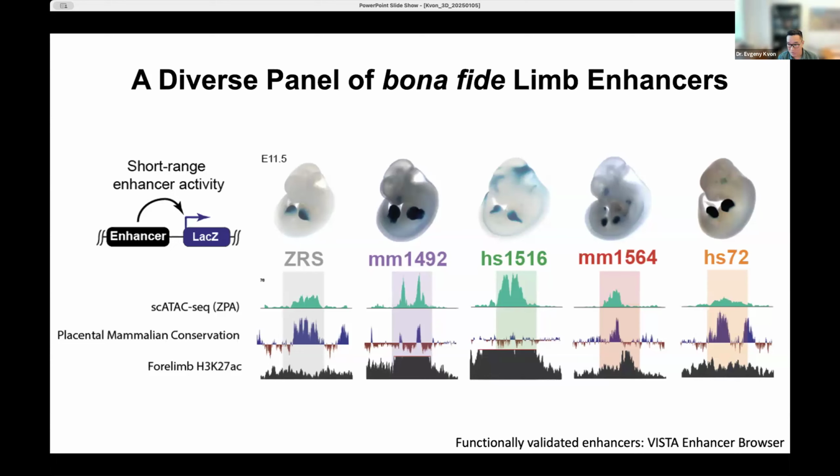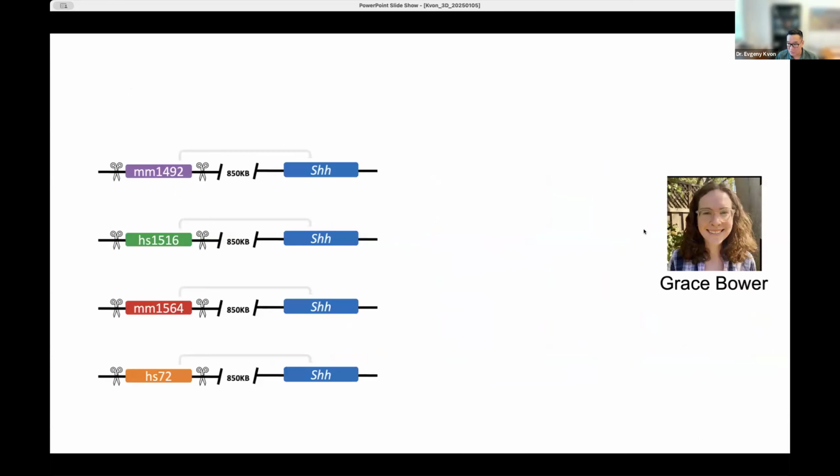So they have all the bona fide features of strong enhancers, and they drive strong LacZ expression in the reporter assay. So a very talented grad student in the lab, Grace, created a series of knock-in mice where we replaced ZRS with each of these 4 enhancers one by one.